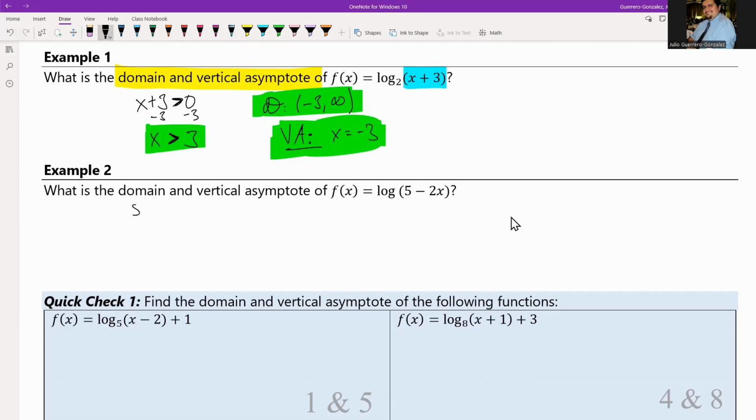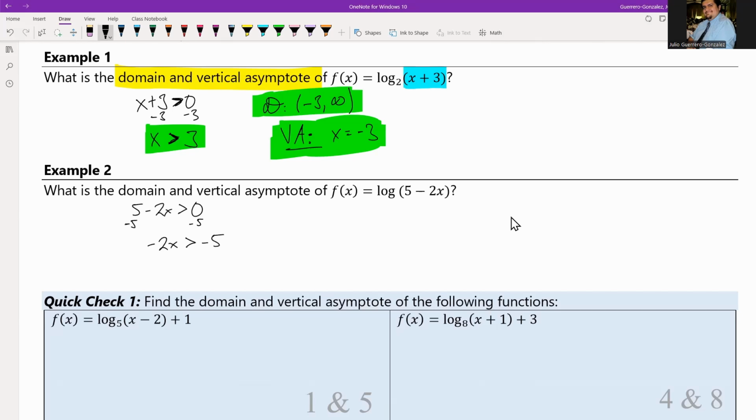I need the 5 minus 2x to be bigger than 0. So basically my inside thing right here, I need to make it bigger than 0. I solve this out. 5 minus 2x is greater than 0, so subtract 5.